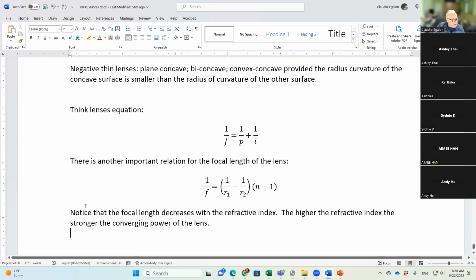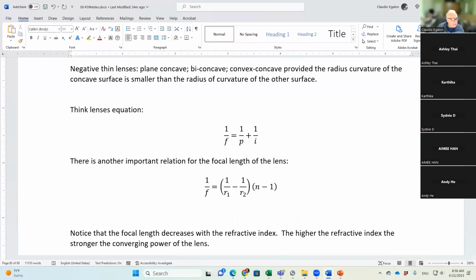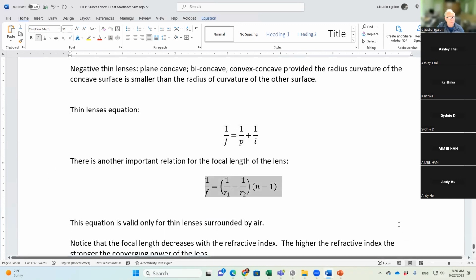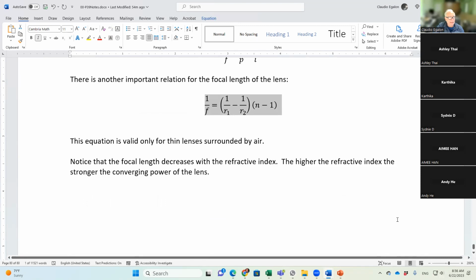And by the way, this equation is valid only for thin lenses surrounded by air. Okay. Let us play a little bit with this equation here. I'm going to put that in Excel.